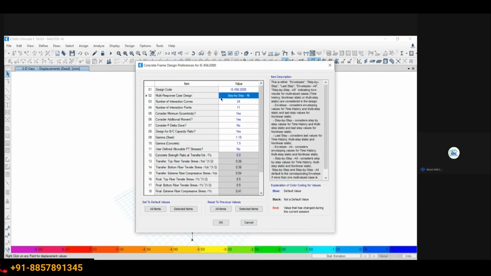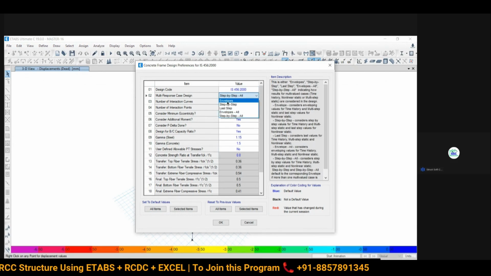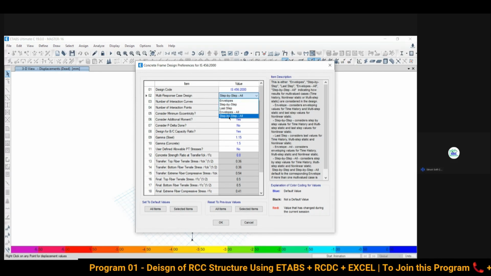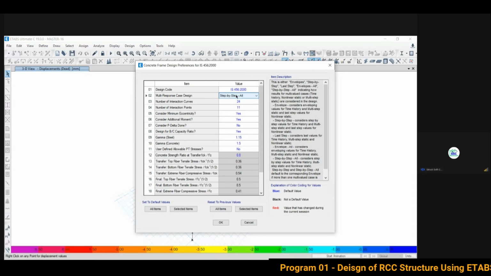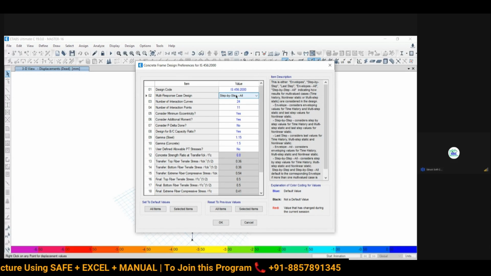The second option is the multi-response case design. Different options are given: envelopes, step by step, last step, envelopes all, step by step all. It is nothing but the design approach for your frame elements.